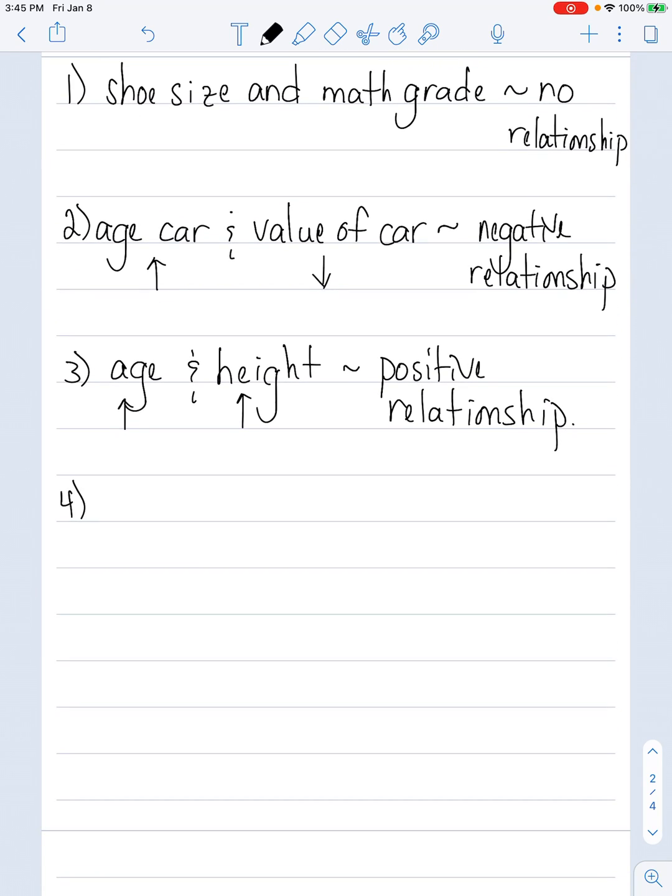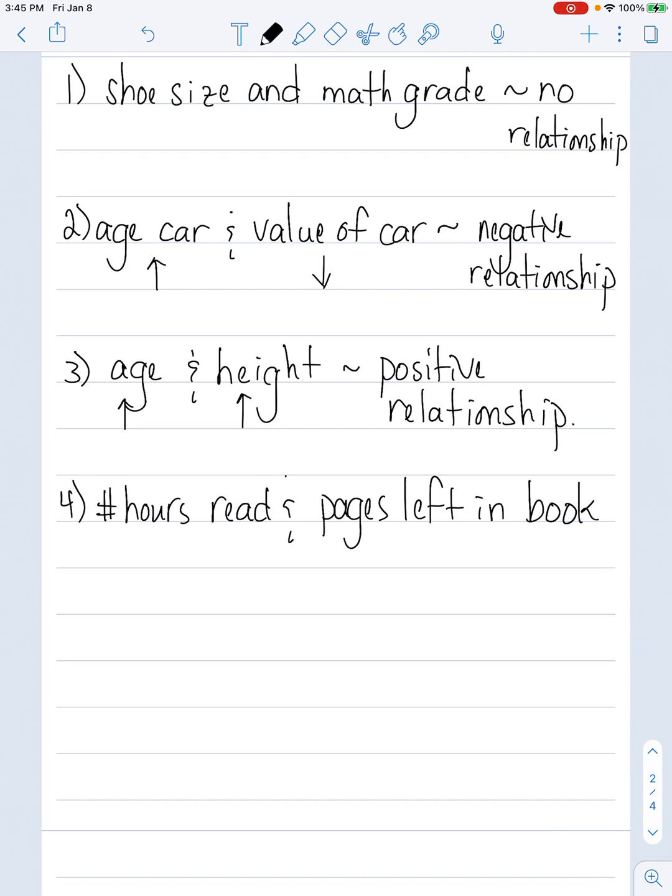And again, I want to do just a few more because this one has just a little bit more. You got to think a little bit more about this. So let's talk about the number of hours that you read and the pages left in the book. So let's see if those two things travel together or travel opposite.